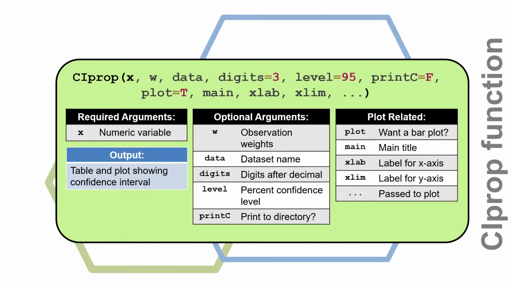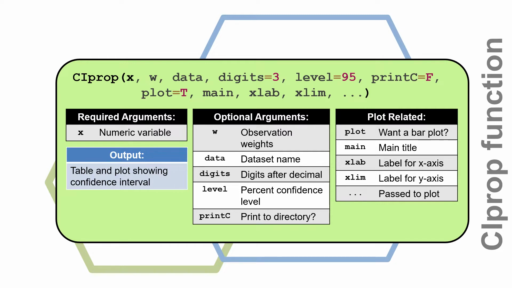A couple of comments before we work through examples. First, notice that this function's name is capital C, capital I, prop. Most companion functions have capital C on the end, but this one has capital C and capital I on the front. Second, CIprop is designed to analyze the dataset variable, find sample proportions, and report their confidence interval.